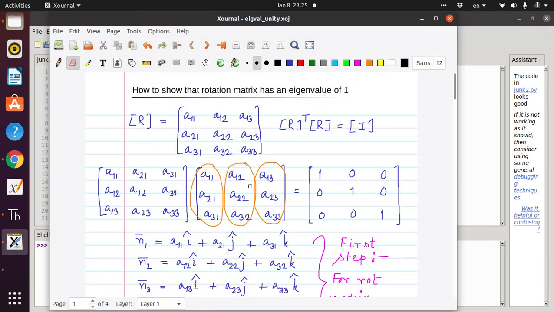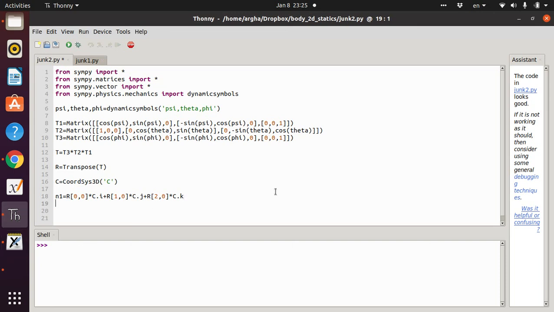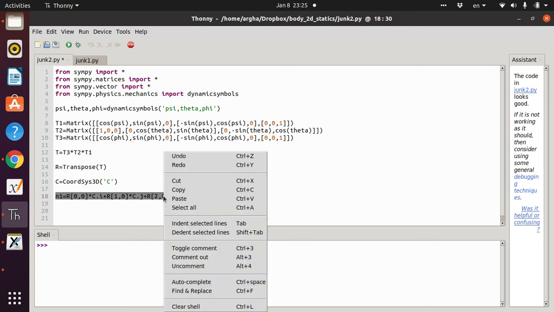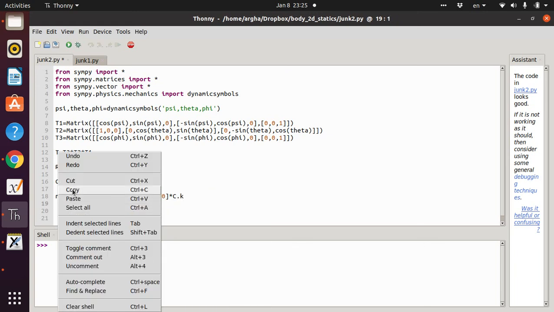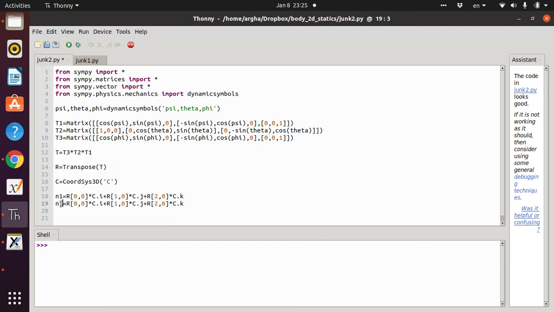So this is n1, and let us copy this line and paste it here. So n2 is R, and this becomes the second column.